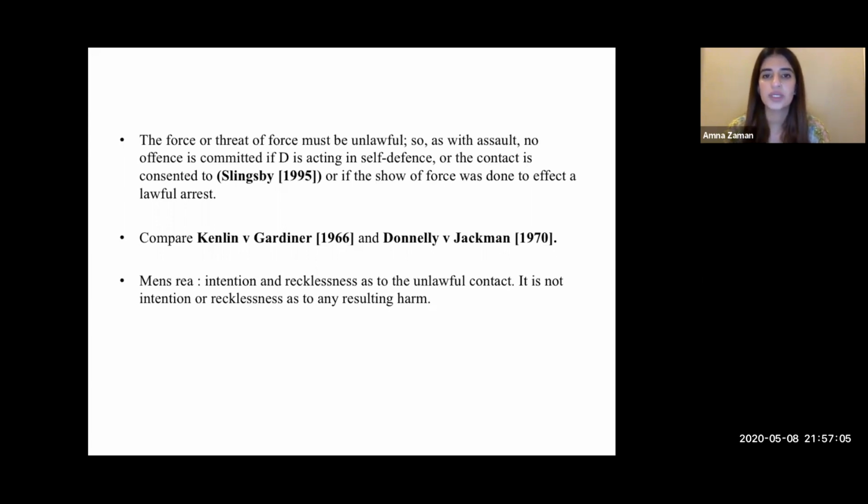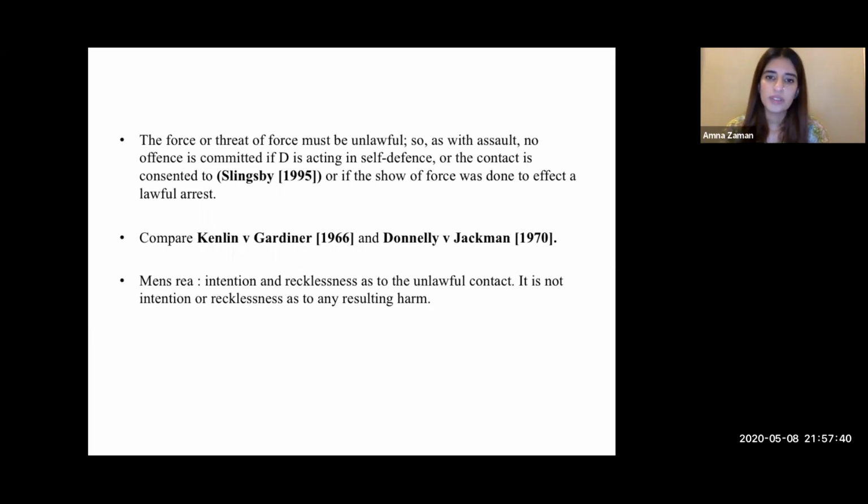For instance, if the defendant is acting in self-defense, or for crimes against autonomy, the contact is consented to. In such situations, there will be no unlawful force. Let's take the example of a lawful arrest. In all of these cases, the court seems to have taken the stance that the application of force, or the threat of force for common assault, has to be unlawful.